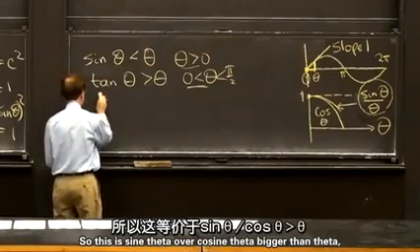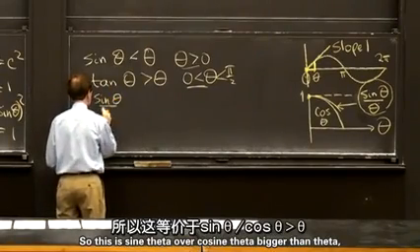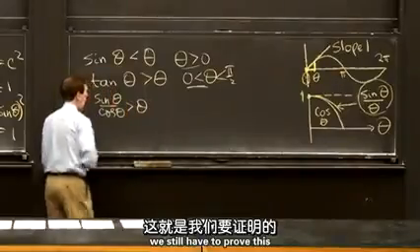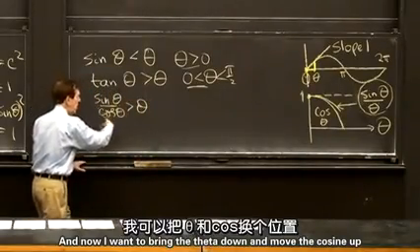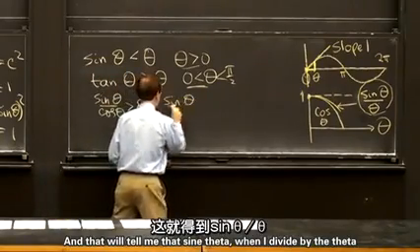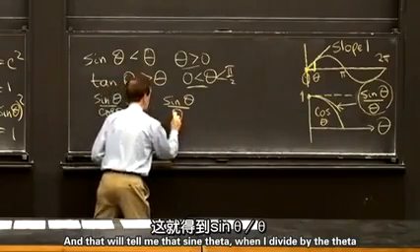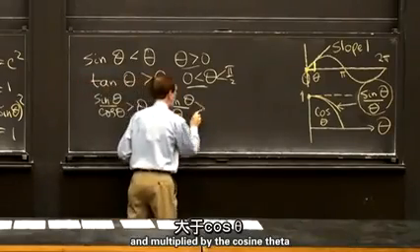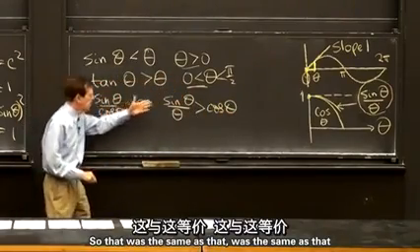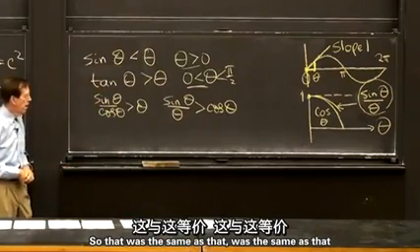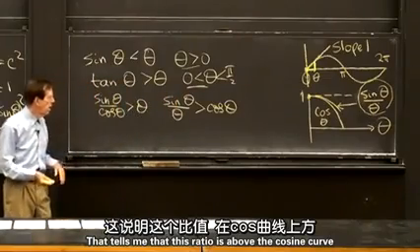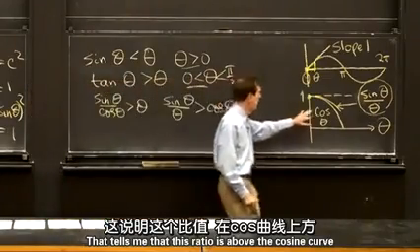So this is sine theta over cosine theta bigger than theta. We still have to prove this. And now I want to bring the theta down and move the cosine up. And that will tell me that sine theta over theta is bigger than cosine theta. That tells me that this ratio is above the cosine curve.